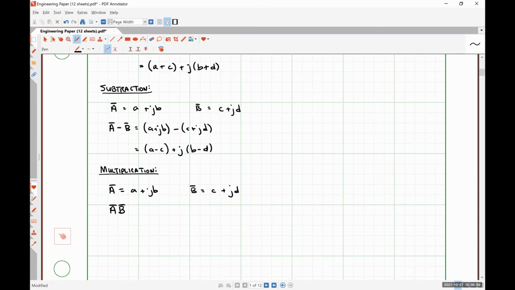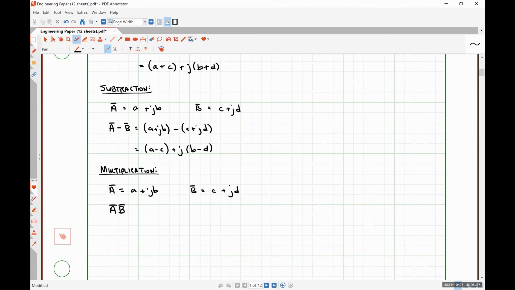I could put a dot in the middle of those guys, and that would mean multiplication. I could put a cross in the middle of those guys, and that would also be multiplication. We are not doing cross products and dot products or anything like that in this class. There is no such thing as a dot product of complex numbers, nor is there a cross product of complex numbers. So we're going back to old school third grade multiplication, all right?